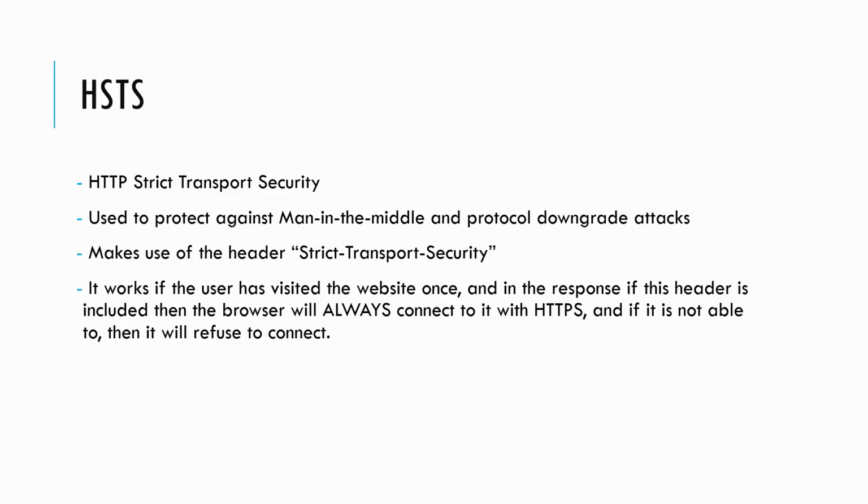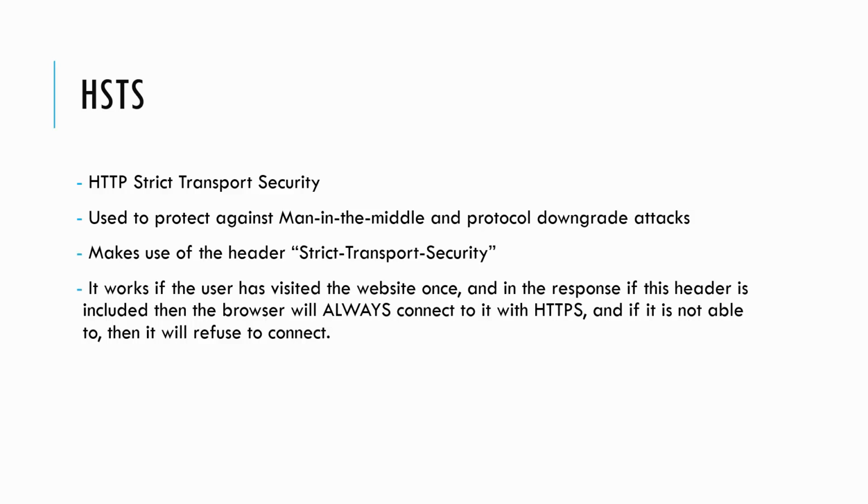The last thing which we have is HSTS. It stands for HTTP Strict Transport Security, and it protects against different types of attacks called man-in-the-middle and protocol downgrade attacks. Suppose that we have already visited a website once using HTTPS.